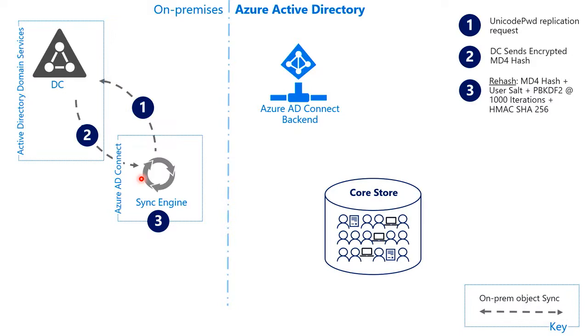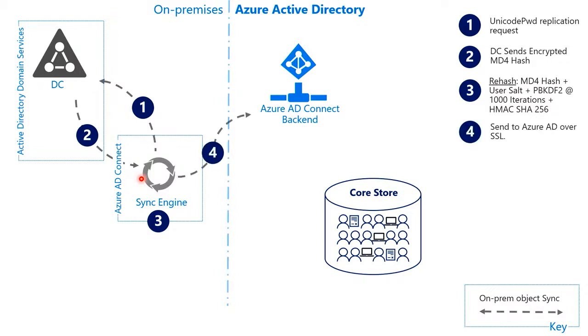Salts make each value unique, even if two users have the exact same password, and that helps defend against attacks such as rainbow tables. Finally, we hash the resulting value using a more robust hashing function called Password-Based Key Derivation Function 2, also known as PBKDF2, and we use 1,000 iterations of HMAC-SHA256. All this process gives us a 32-byte value.